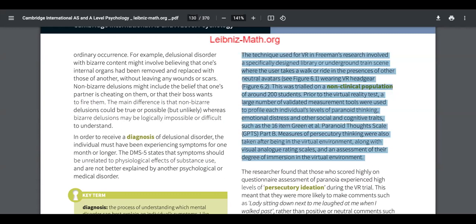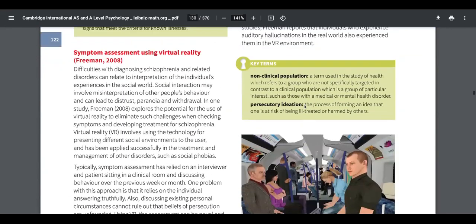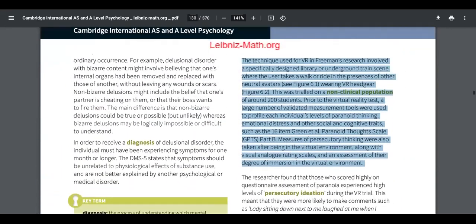When you wore it, you went into this artificial situation, walking amongst other neutral avatars, that's basically other neutral characters. Over here they've given us a picture, so these are the neutral characters.